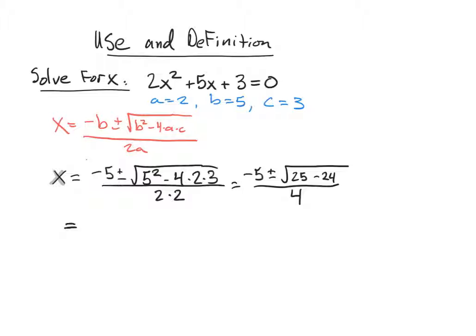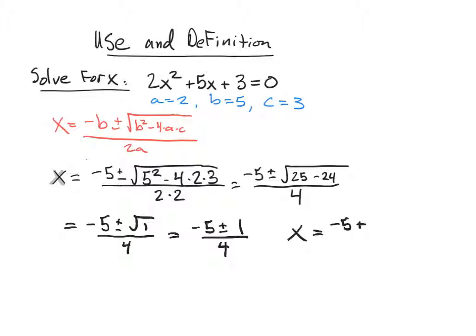So that's going to be equal to negative 5 plus or minus the square root of 1 over 4, which is equal to negative 5 plus or minus 1 over 4, since the square root of 1 is just 1. So that gives you two answers. So x could be equal to the plus sign, so negative 5 plus 1 over 4, which is negative 4 over 4, which is negative 1.